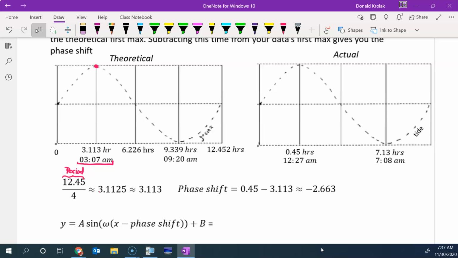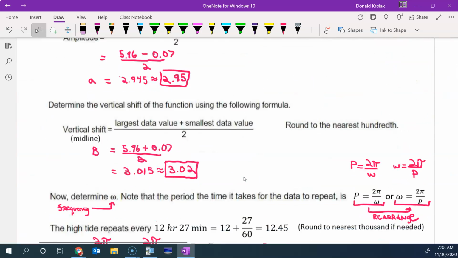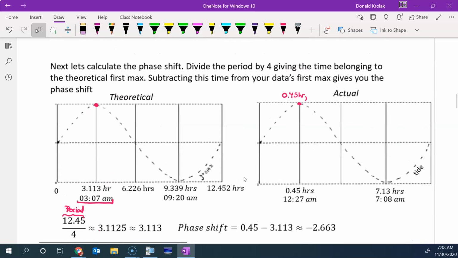Okay, but over here, the actual graph, the theoretical max occurs 0.45 hours after midnight. What's our max? Max is 596. So this point, 596. And our theoretical point is 5, 6.